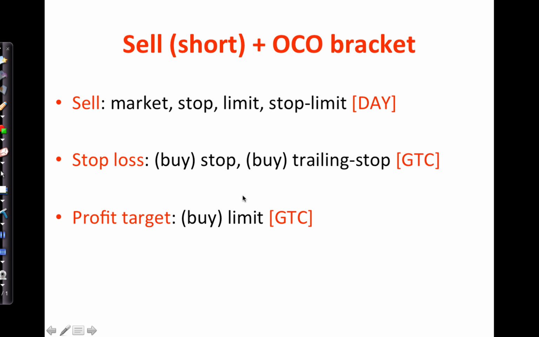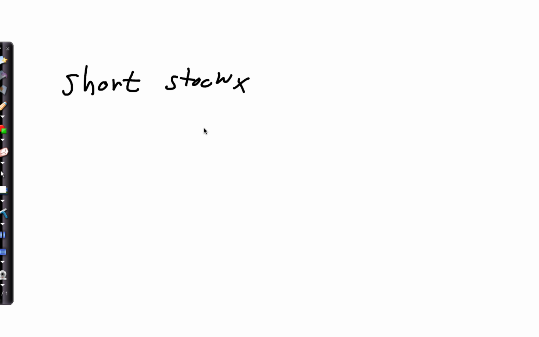Okay, so what about the sell short with OCO bracket? As before, but the stop loss and profit target are buy orders. So for example, you may want to go short on stock X, and you want to execute a sell stop limit order, let's say at 10.5, limit 10.